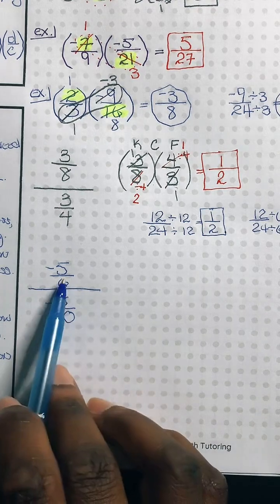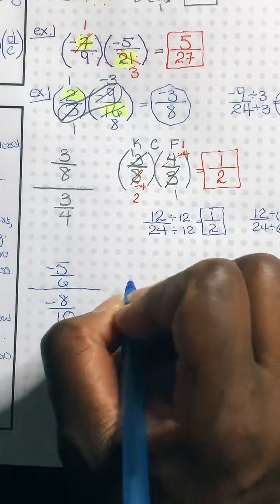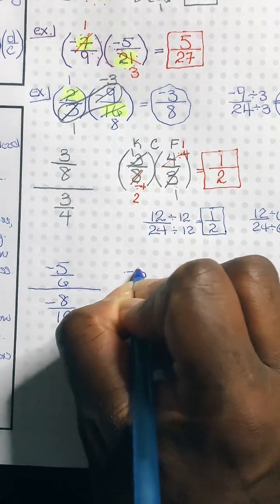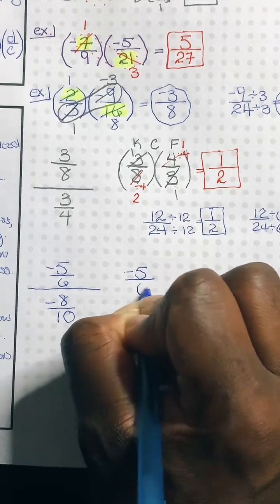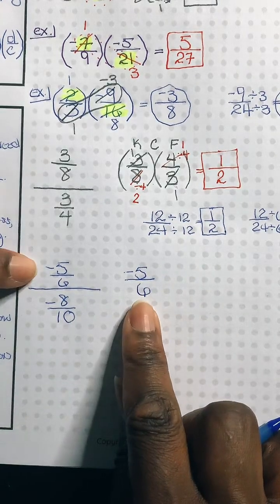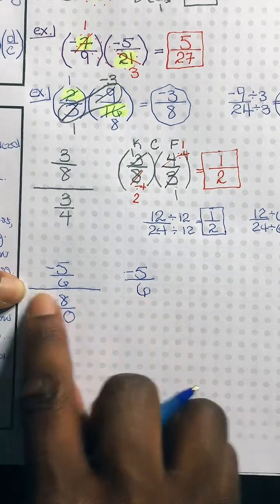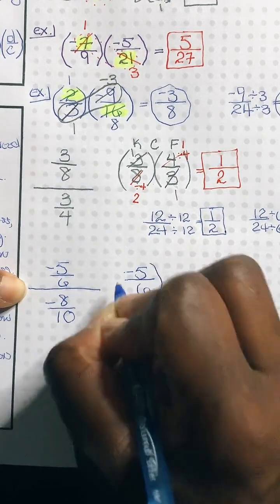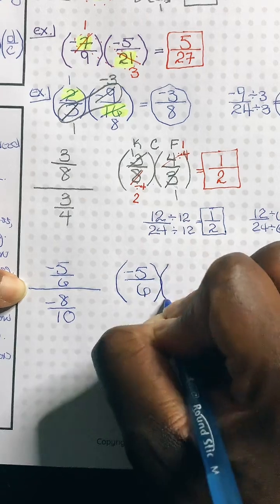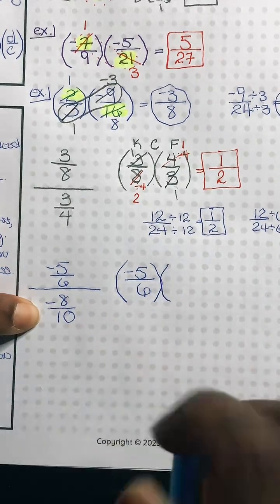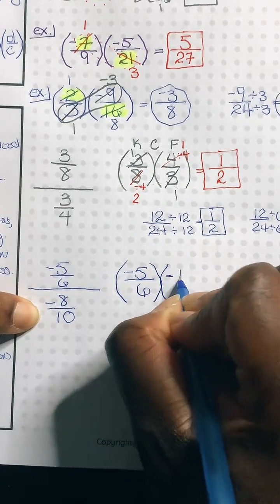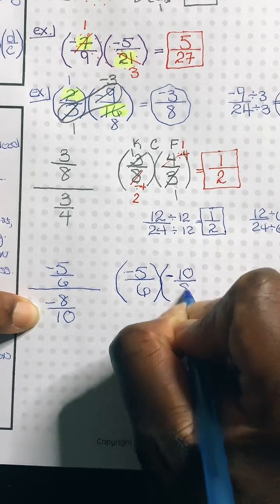All right, so we start off with our numerator, so negative 5/6. We're going to keep that, change from division to multiplication, and then flip the other one. So we got negative 10 over 8.